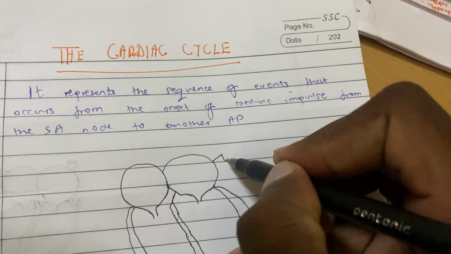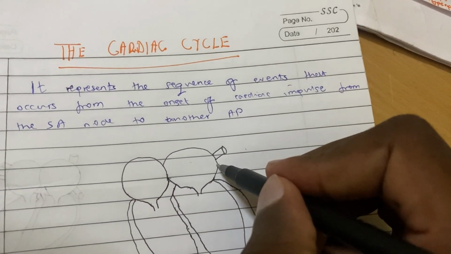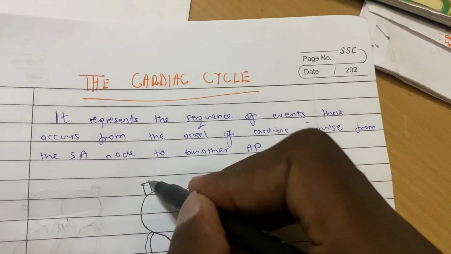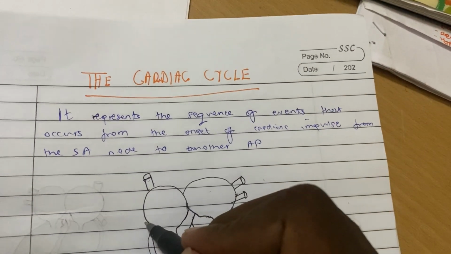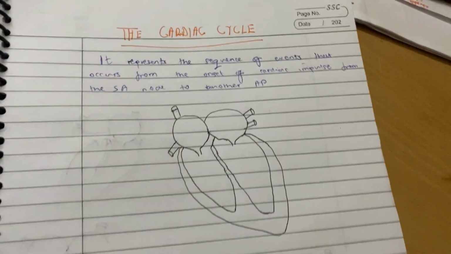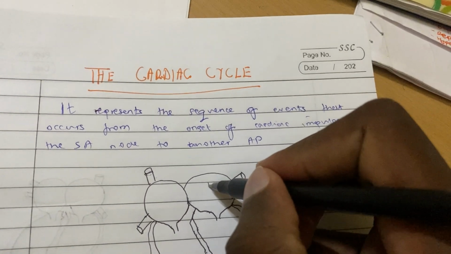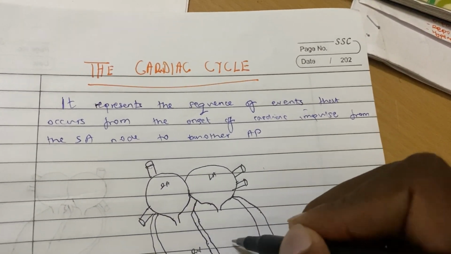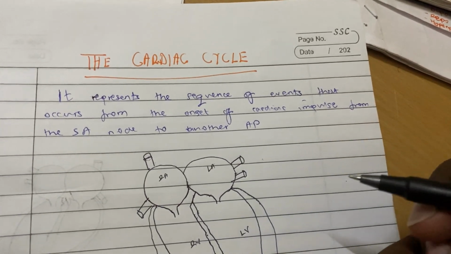These are pulmonary veins, and then this is the superior vena cava, and this is the inferior vena cava. So what are the names of the chambers again? This is LA, RA, RV, and then LV.